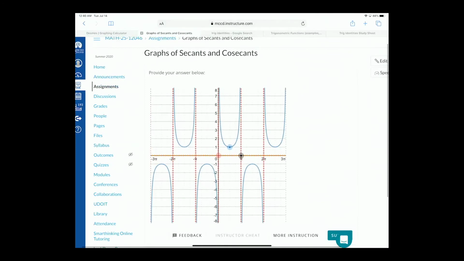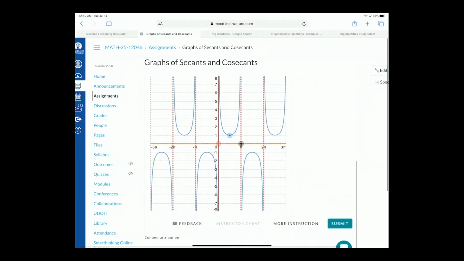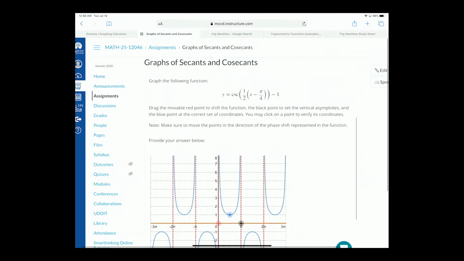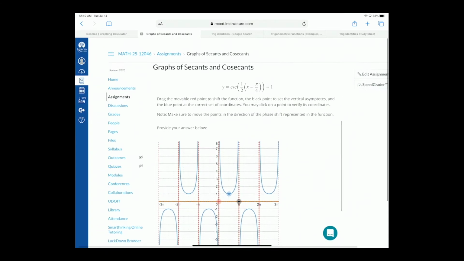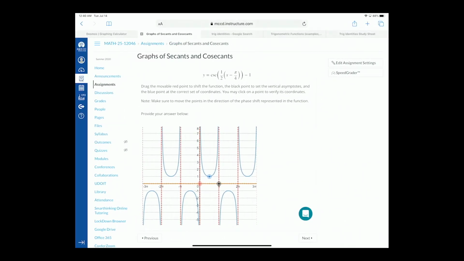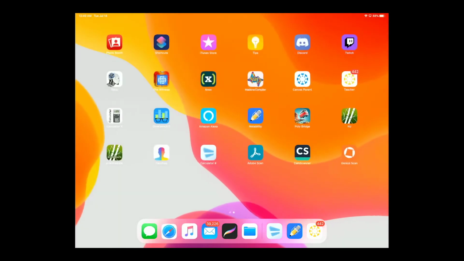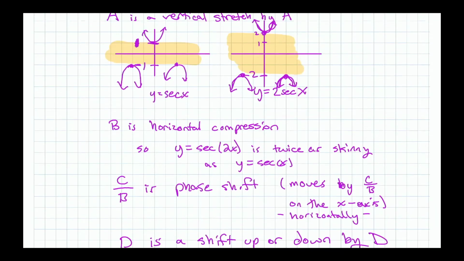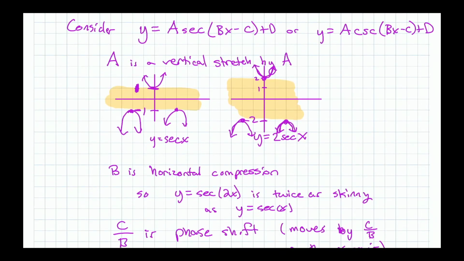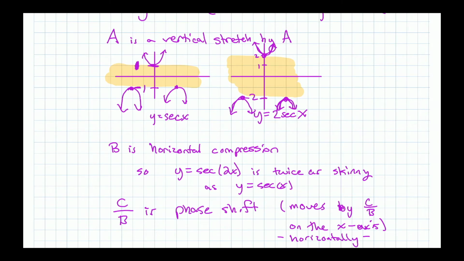So we're trying to graph, provide your answer. Where's the question? Okay, there it is. So what you want to do is look where the 1/2 is. That's 1/2 x. Remember, that's where we had horizontal compression. y equals secant 2x is twice as skinny.